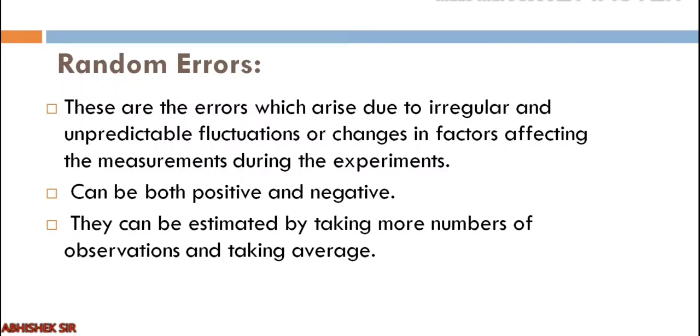They can be both positive and negative, and they can be estimated by taking a larger number of observations and taking the average. Clear? If a person repeats the observation a number of times, then even though he is getting different readings, the average will come near to the true value. So what we are doing, we are taking the mean of those observations.